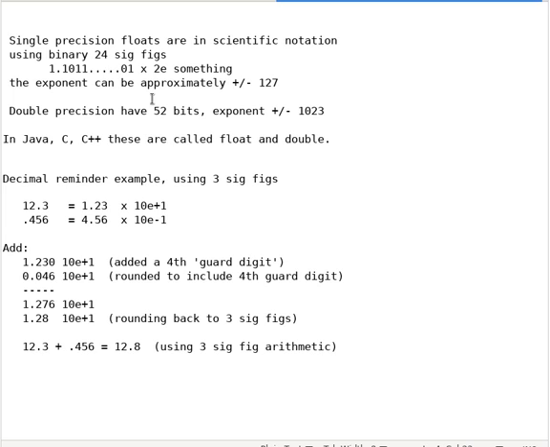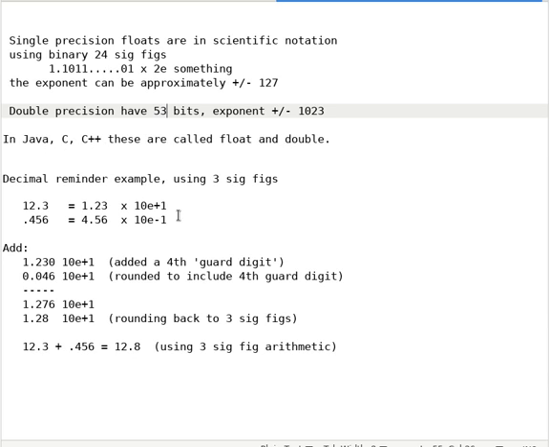So single precision floats are 24 sig figs. That's 1 point blah blah blah with 23 times 2 to the power of something. All right, double precisions, I'm sorry, they have 53 bits. That's my mistake. And in Java, as I mentioned, the shorter ones are called floats and the longer ones are called doubles, the same as in C and C++.